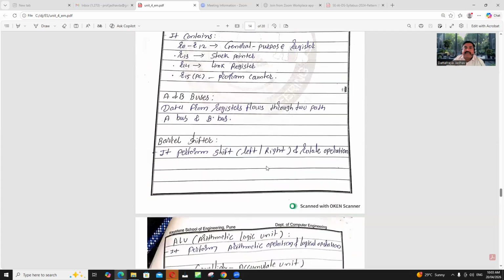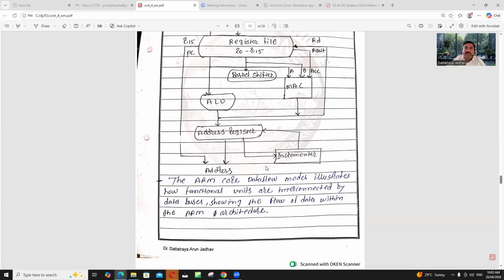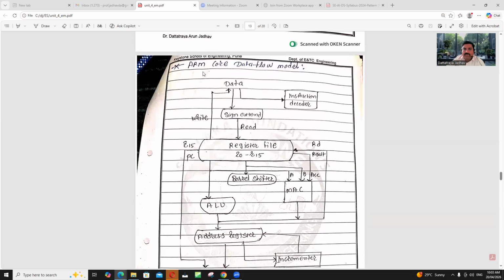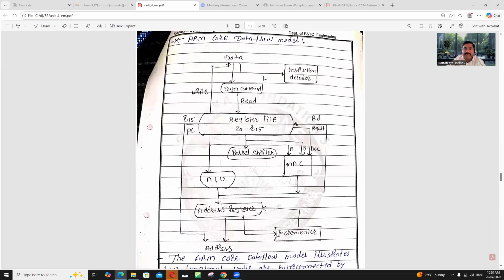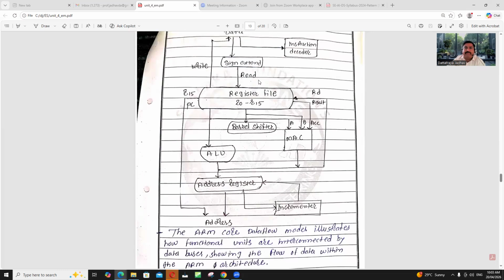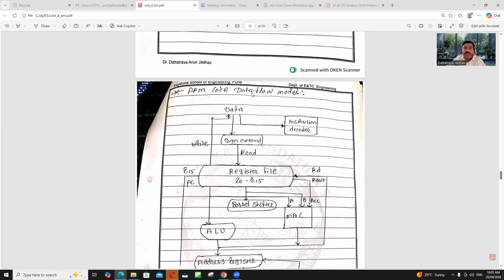So this is how data flows within the ARM processor, the advanced RISC mechanism, from the start to the end. This is the concept of the ARM core data flow model and the units concerned.